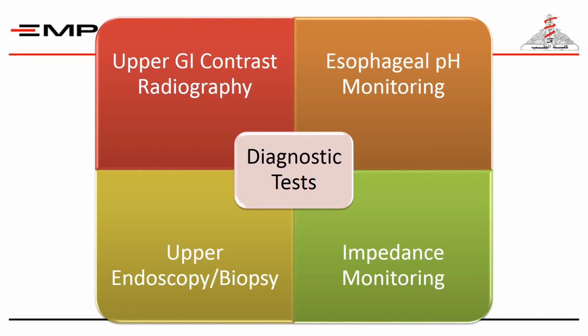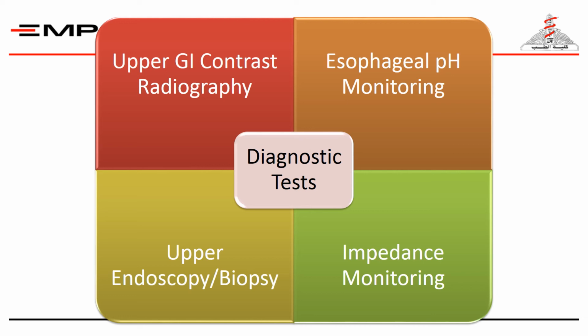This slide sums up the kind of tests that we might need to do in order to confirm the diagnosis. It includes an upper GI contrast radiography, collectively known as barium studies, and you'll be seeing some of them in the demonstration sessions. We can do upper endoscopy and take a biopsy to confirm the diagnosis.